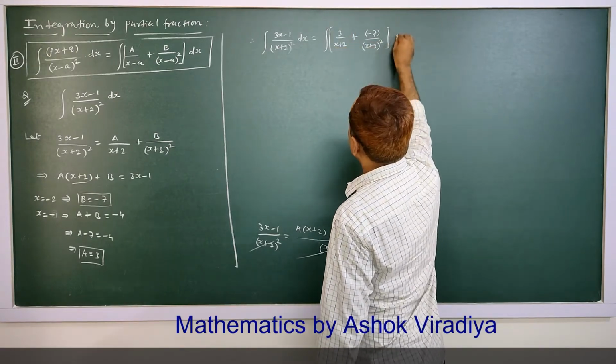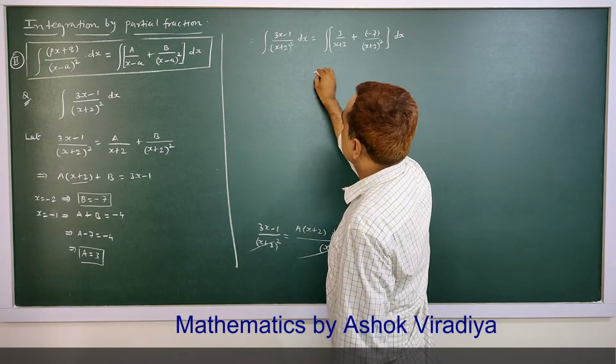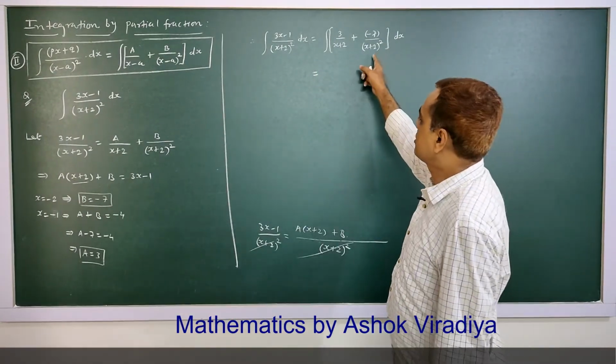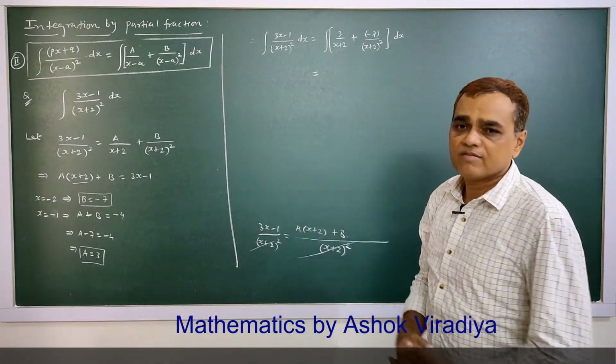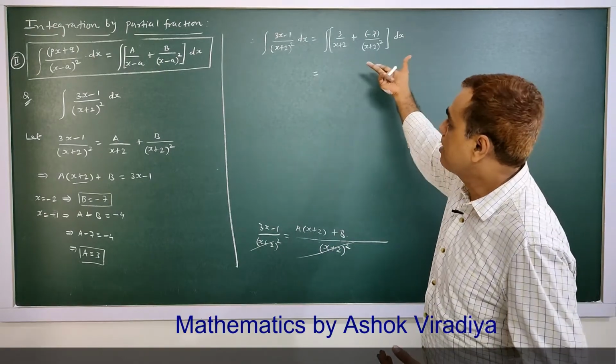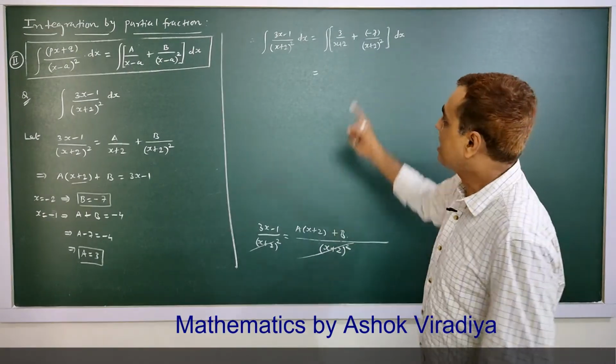So this is the integration of a sum of two rational functions, partial fractions. It is converted into partial fractions. Now this is integrable.